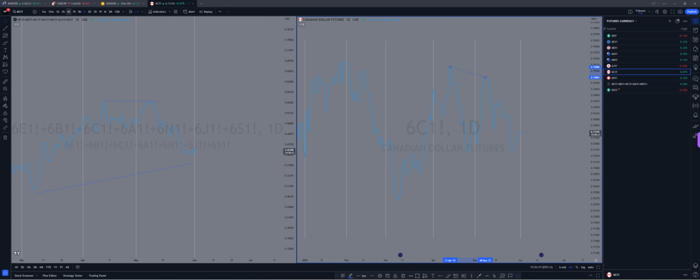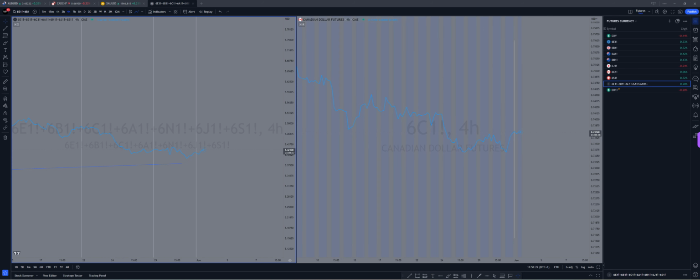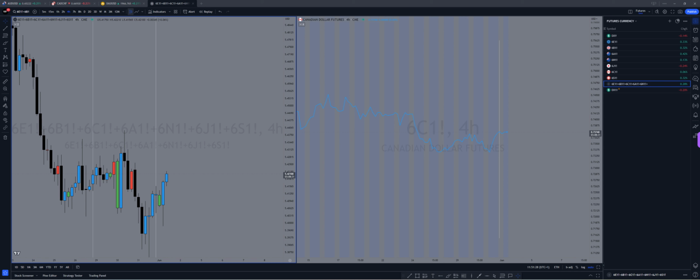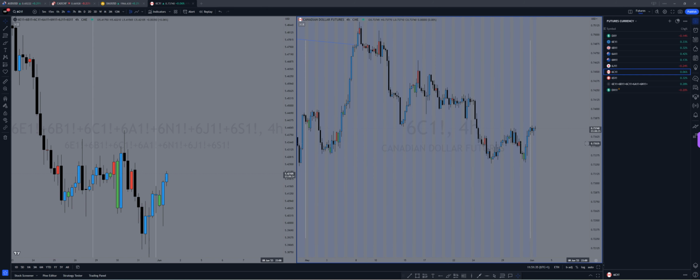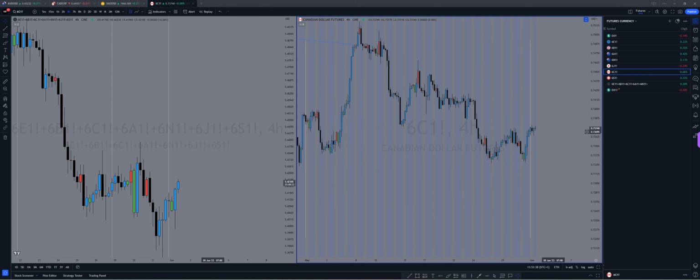You can use it for intraday trading as well by simply dropping down to H4. I use this for intraday trading as well. I use both the line and the candlestick, right? Let's go. So I use both the line and the candlestick to do intraday trading, just comparing the highs and lows and forecasting. Just the same thing I did on the high time frame, you do that on the H4.